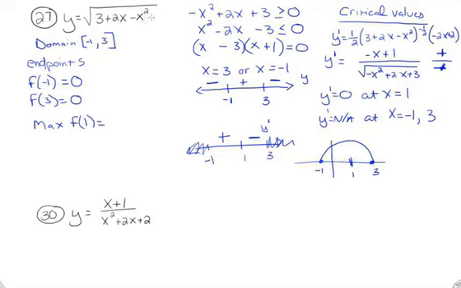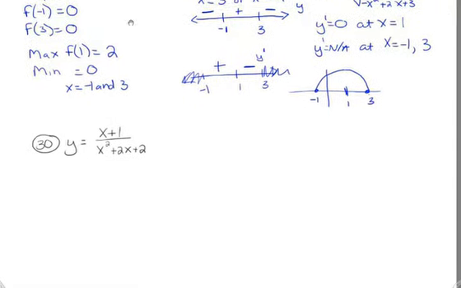I plug in 1 to the original function, and I get 3 plus 2 is 5, minus 1 is 4. I get the square root of 4, I get 2. So I have a maximum of 2 at 1, and I have a minimum of 0 at x equals -1 and 3. So max is 2, minimum 0, and I've got all that answered.